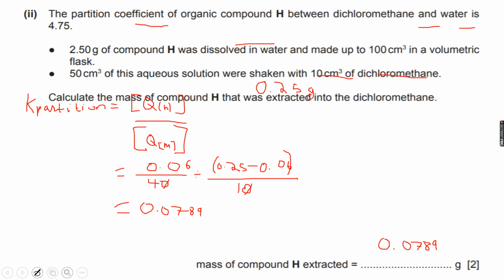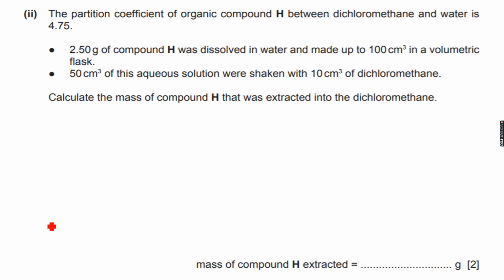Now let's do another example. The partition coefficient of organic compound H between dichloromethane and water is 4.75. So for dichloromethane and water, we will write the first one in the numerator and the second one in the denominator.